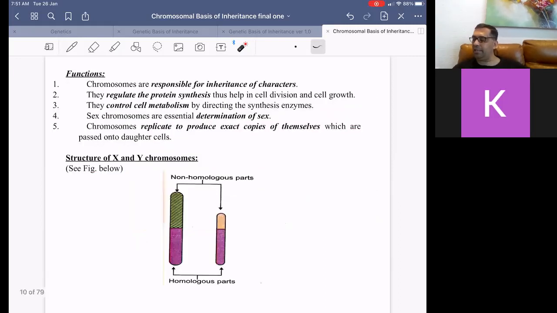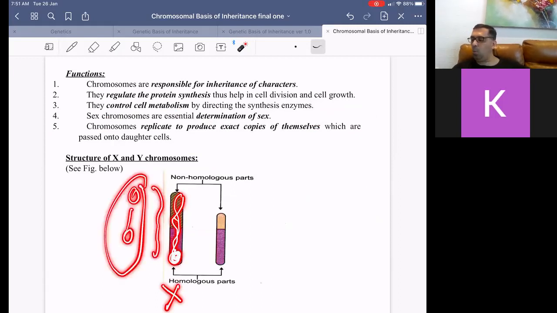Euchromatin is transcriptionally and translationally more active, so the transcriptional and translational power is relatively less in the Y chromosome.